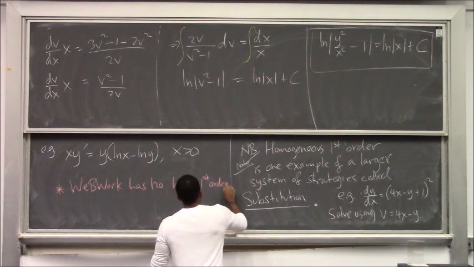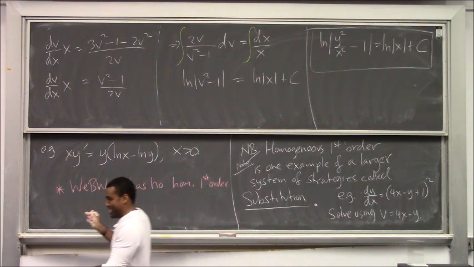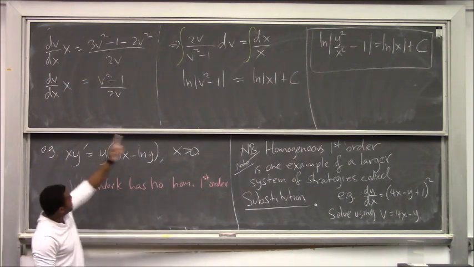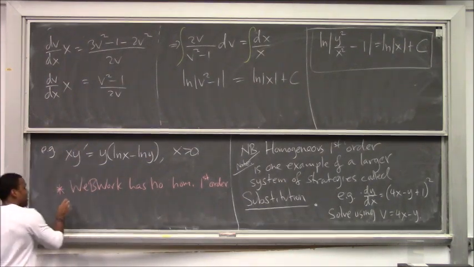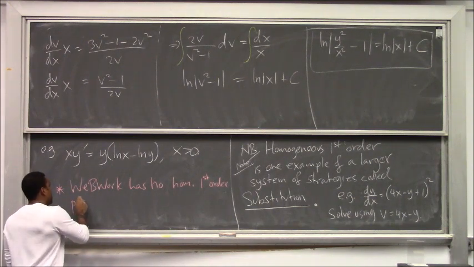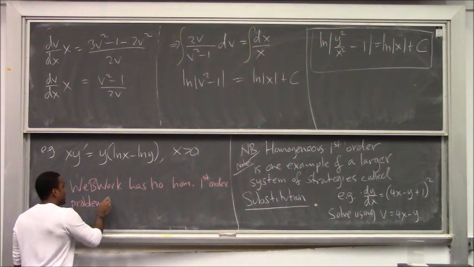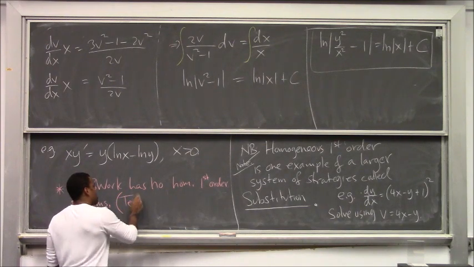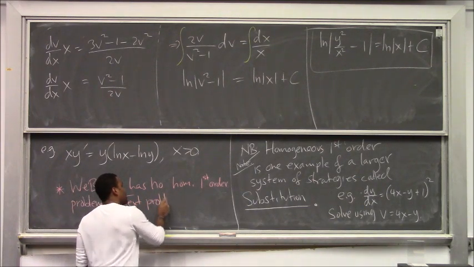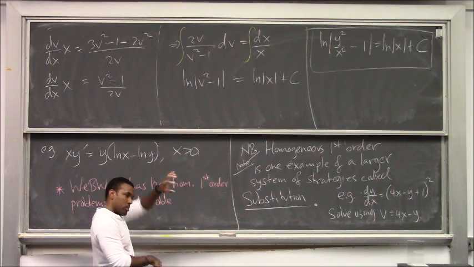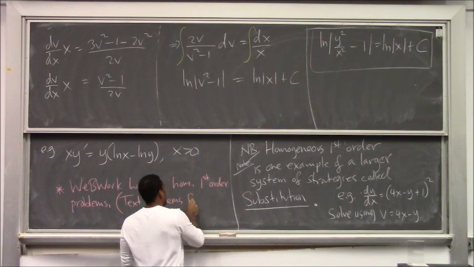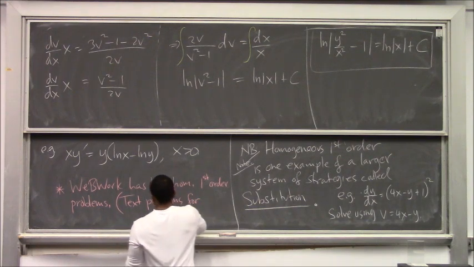I've searched the entire system, and there's no problem that uses this particular substitution. There are other substitutions, but not this one. If you want extra practice, use the text problems, which I listed in the syllabus for section 2.2.